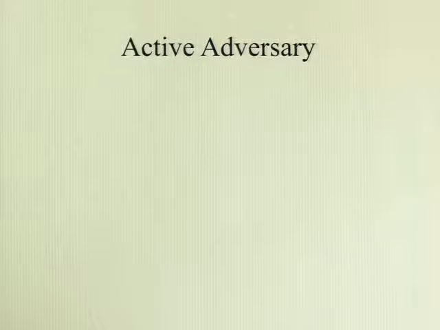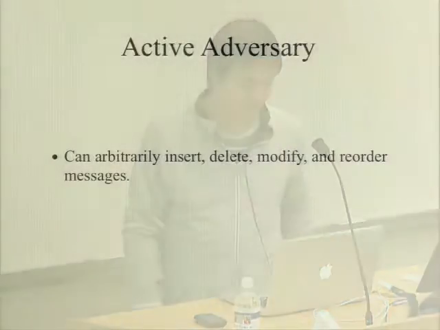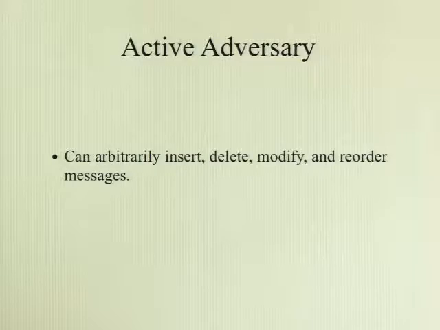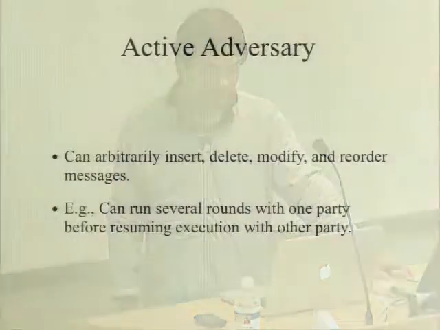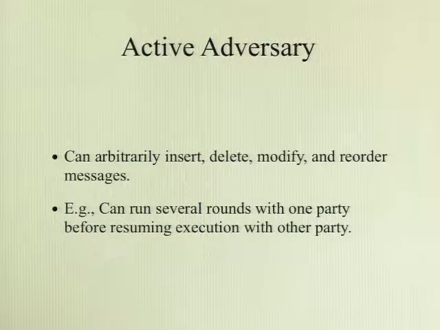Now more specifically, what do we mean by an active adversary? It is a very powerful adversary, in the sense that the adversary can arbitrarily change, insert, delete, modify, and reorder the messages. For example, the adversary can first run several rounds with one party before it decides to resume execution with the other party.